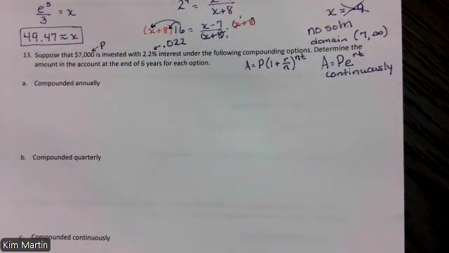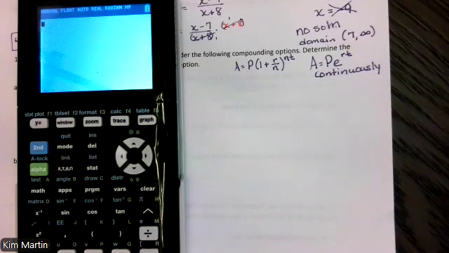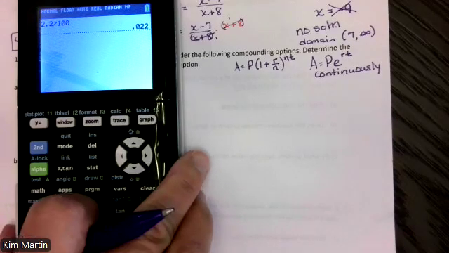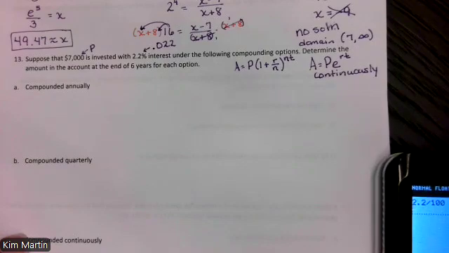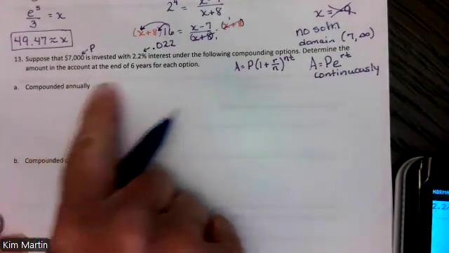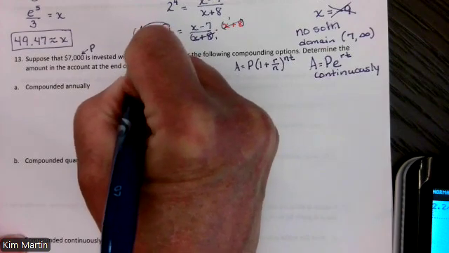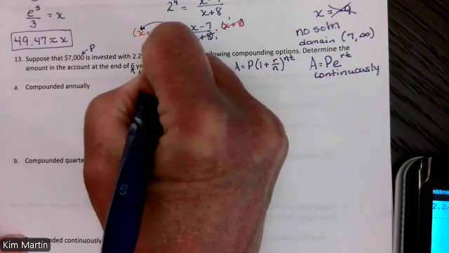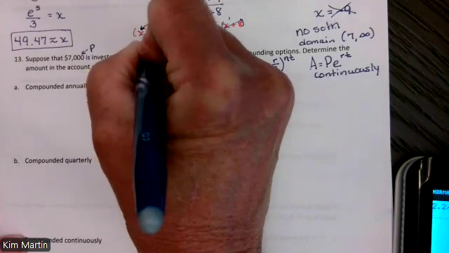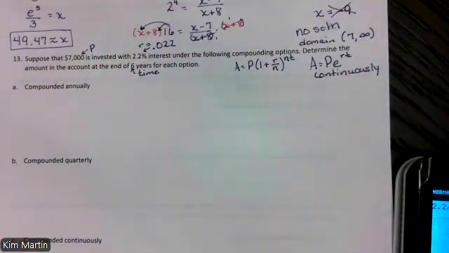The reason you are doing that is because that is 2.2% out of 100, and that's what it is as a decimal. And then determine the amount at the end of 6 years. That is your time. Your time is always in years.